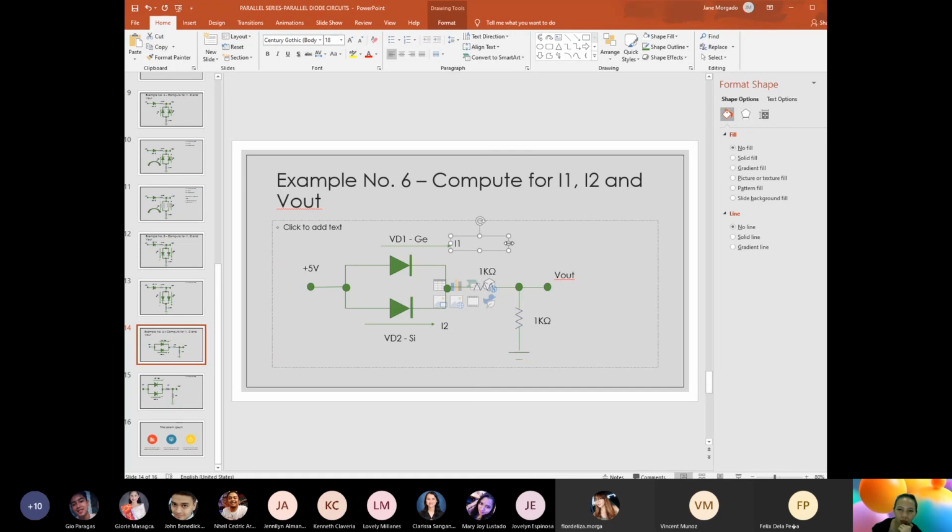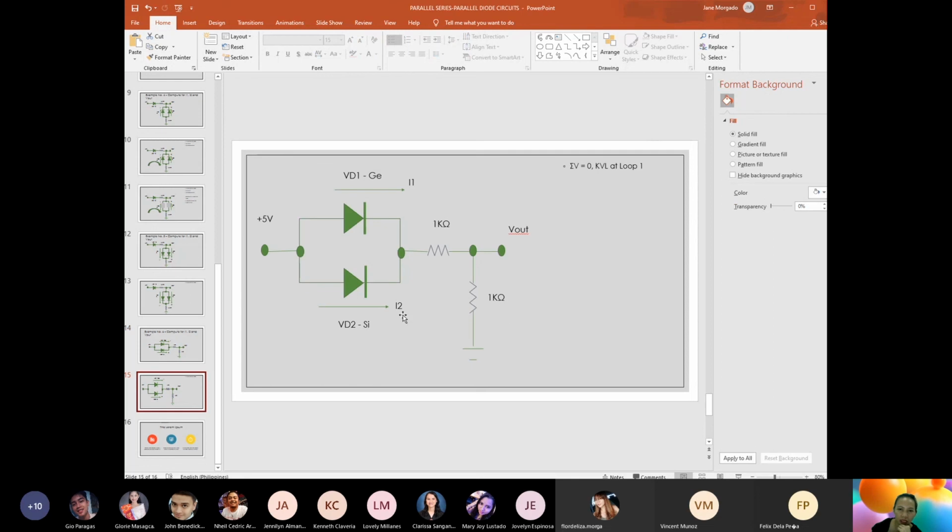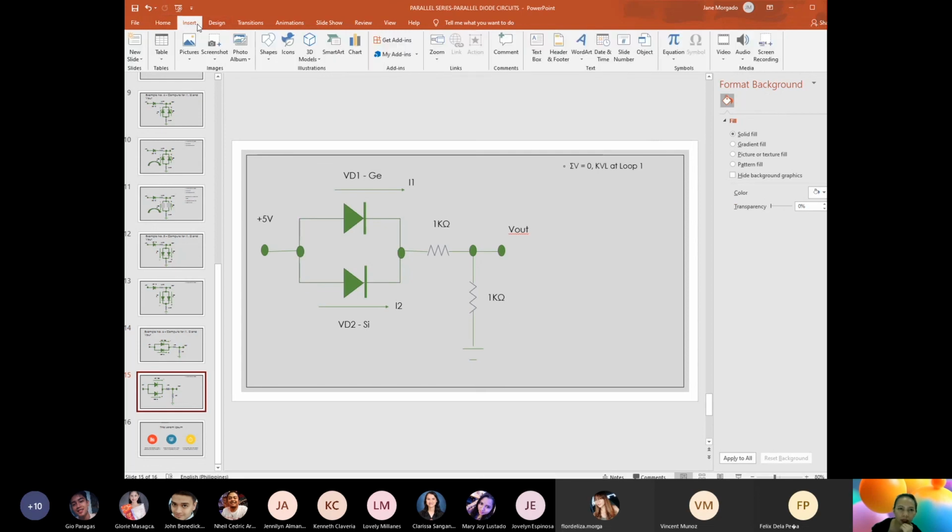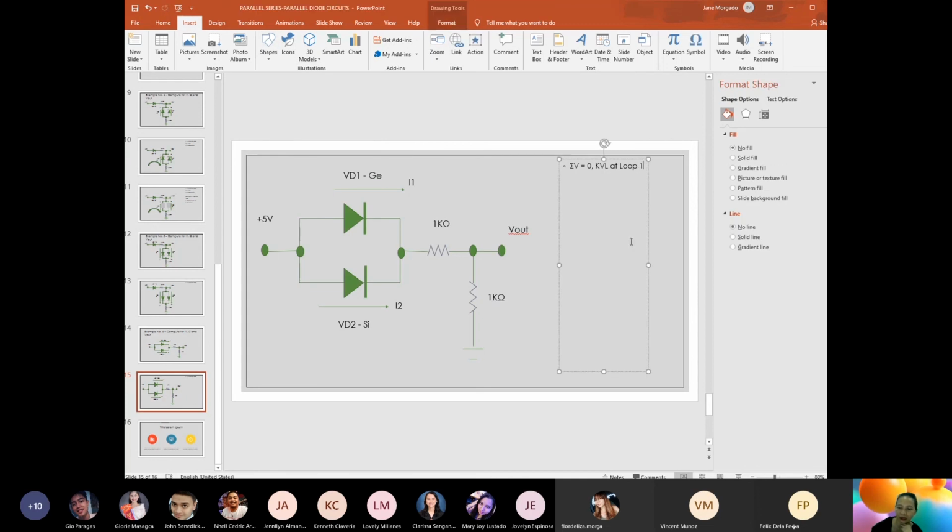Okay. So theoretically, the silicon diode will never turn on. Okay? Will never turn on. If that is the case, so anong gagawin natin? Then anong mangyayari? D1, okay?